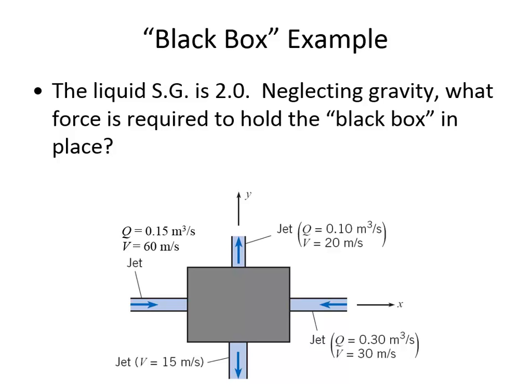So we'll do the mass flow rate in, minus, all right, we've got component 4 of 300 kilograms per second, and it has a velocity of 60 meters per second, plus the 600 kilograms per second, and the velocity for that one is to the left at 30 meters per second, so that's negative 30 meters per second. 300 times 60, 600 times negative 30, they're going to cancel each other out.